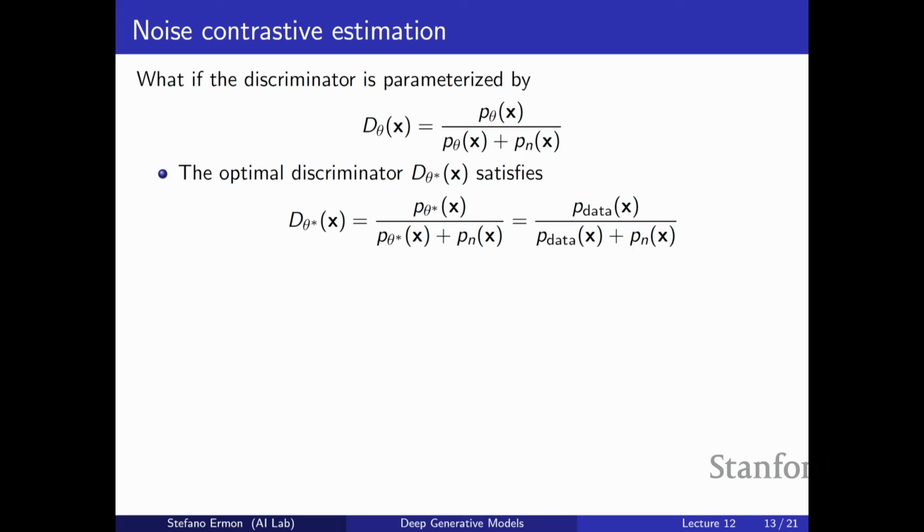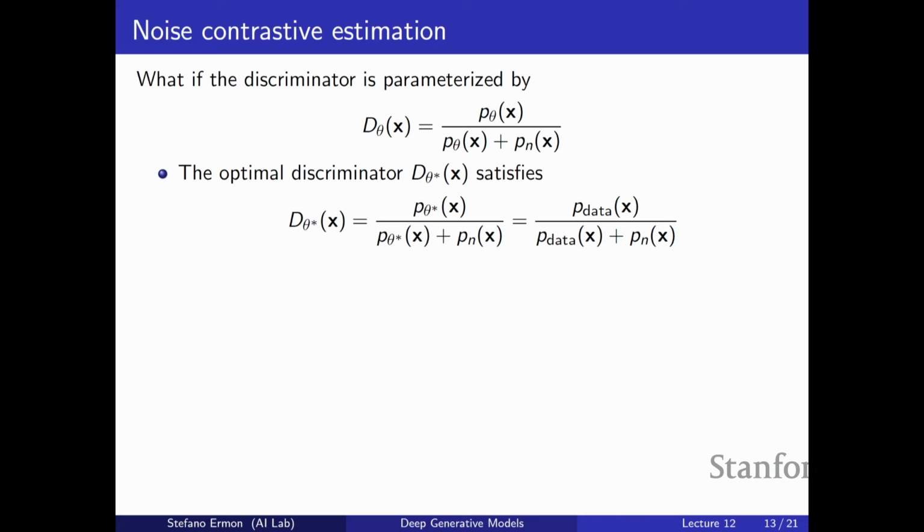The classifier is forced to make decisions based on the likelihood of x under p theta, and if it's able to make good decisions, then p theta has to match the data distribution. That's essentially the trick that we're leveraging here.